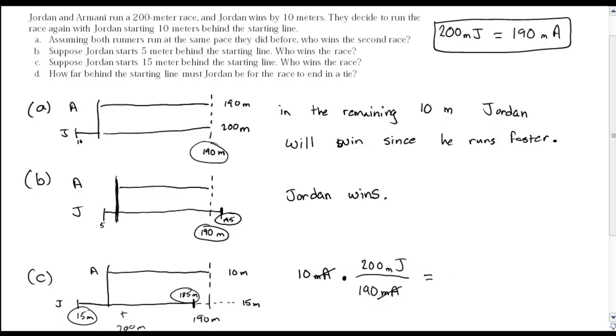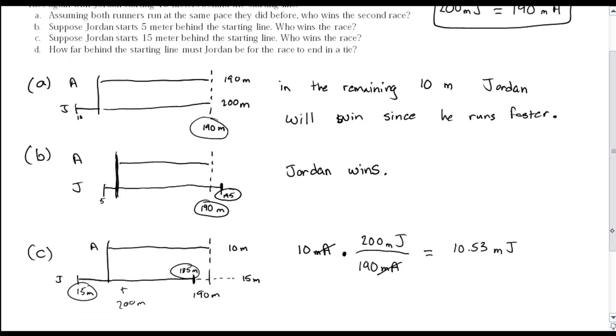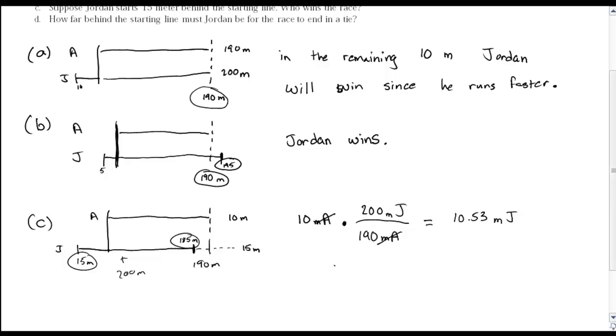If you work that out, 10.53 if we round. All right, which means what? In the time it takes Armani to run 10 meters, Jordan is going to run 10.53 meters.